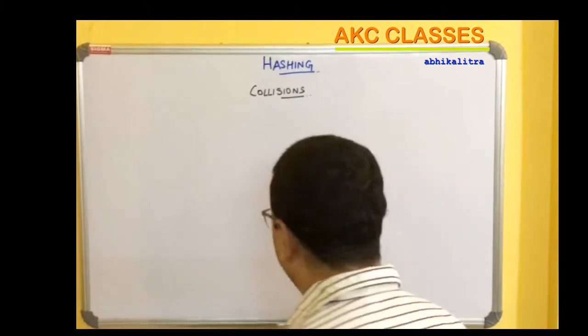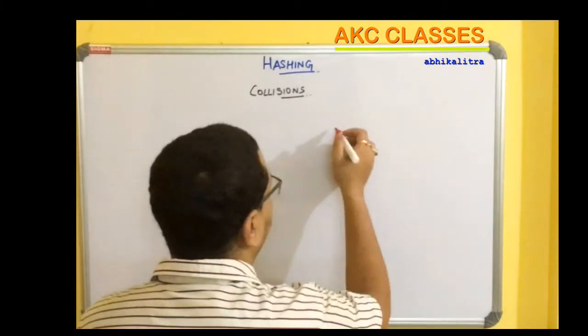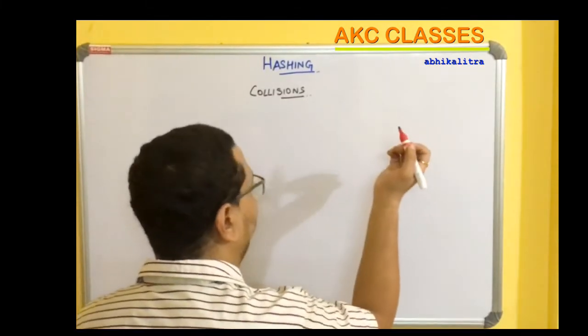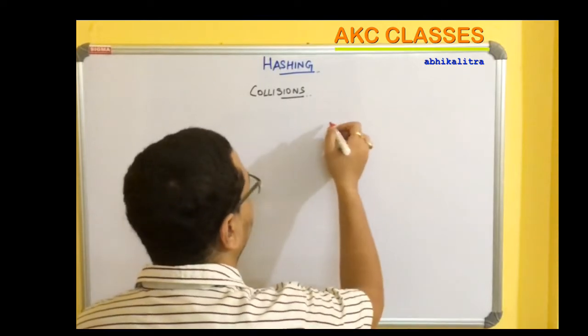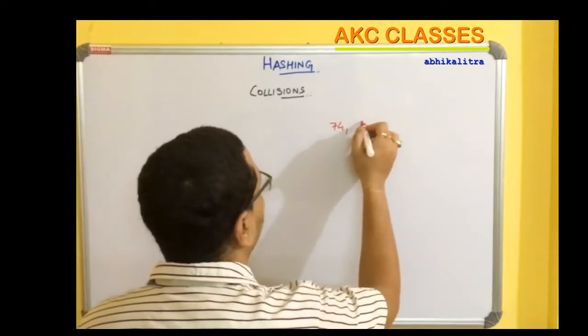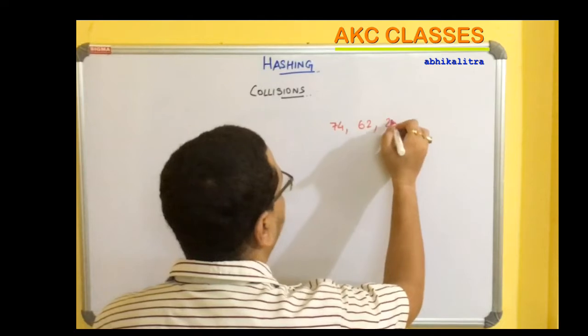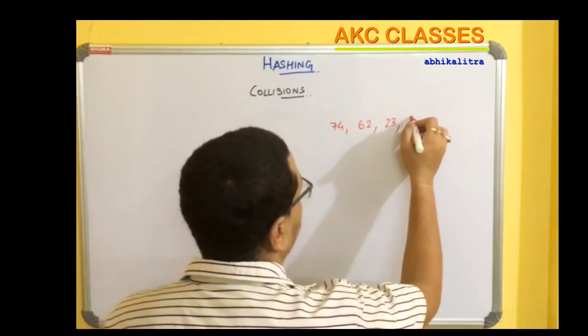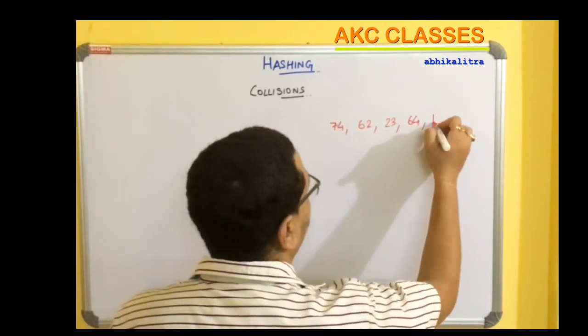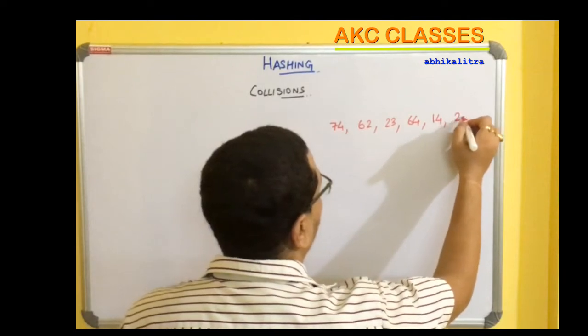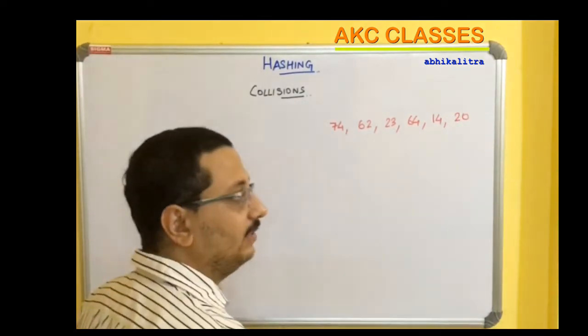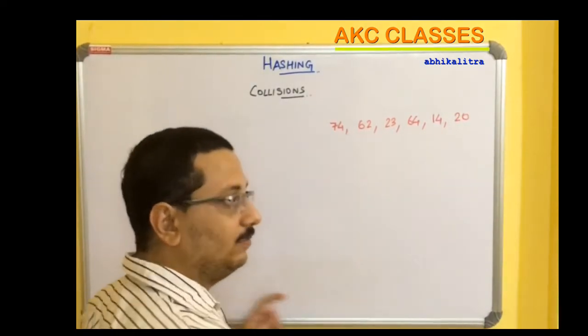If I take an example to understand this, I will take some key values or data values as 74, 62, 23, 64, 14, 20. These are the different data values, which are also possibly the key values.